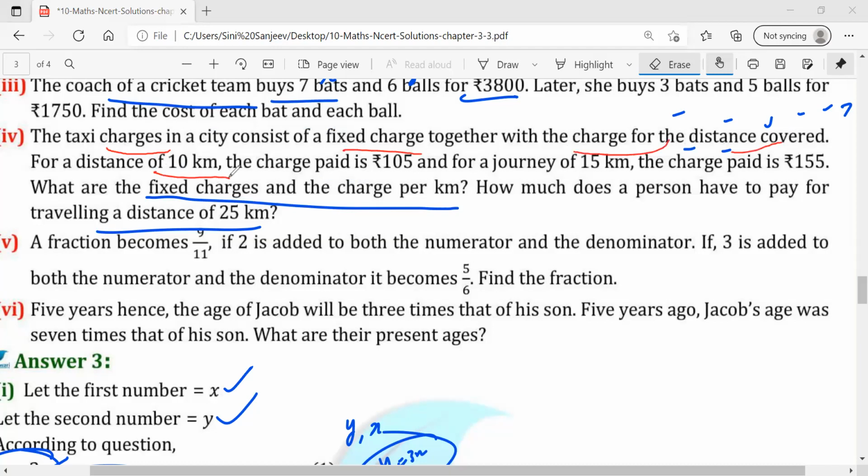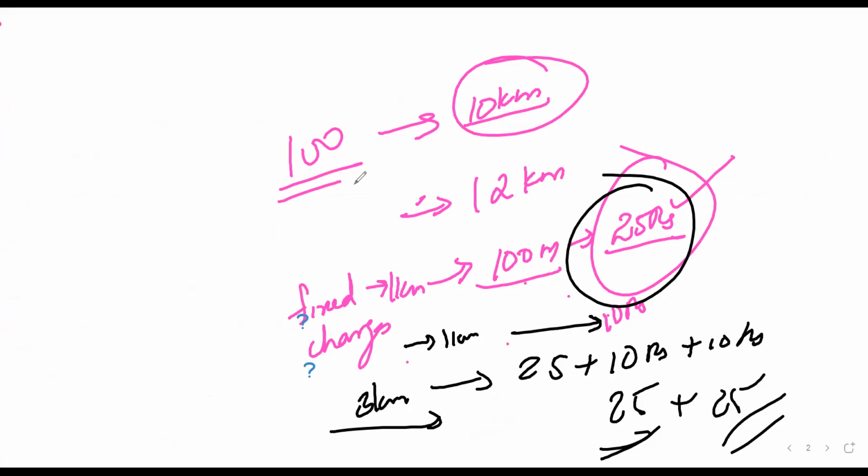For a distance of 10 kilometers, the charge paid is 105 rupees. And for a journey of 15 kilometers, the charge paid is 155 rupees.